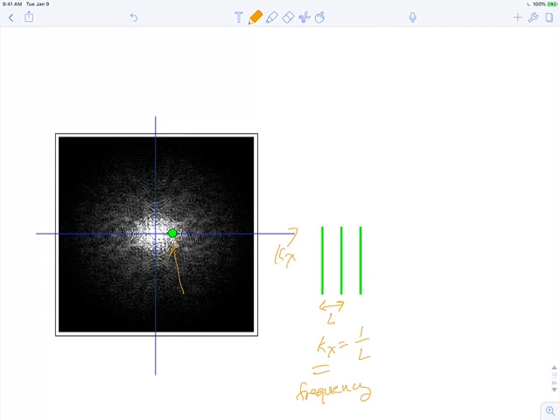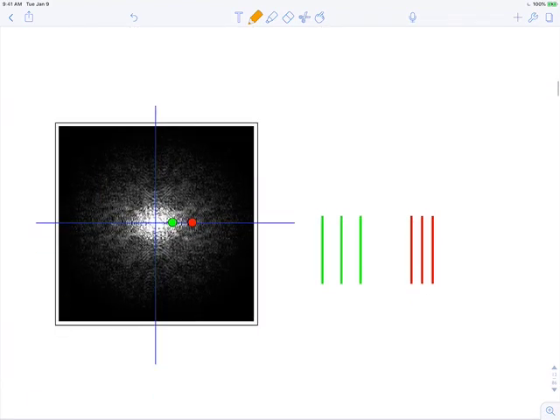So I would expect that as I move farther out along the kx axis, as kx gets bigger, that L has to get smaller. And that's exactly what it is. Here I've moved out a little farther along the kx axis, and you can see this spacing, L, has gotten smaller.